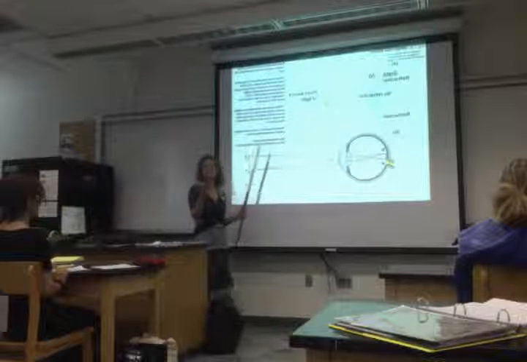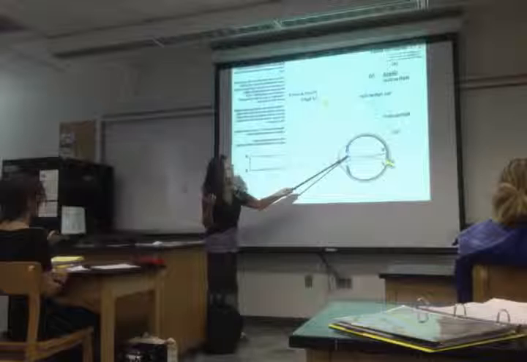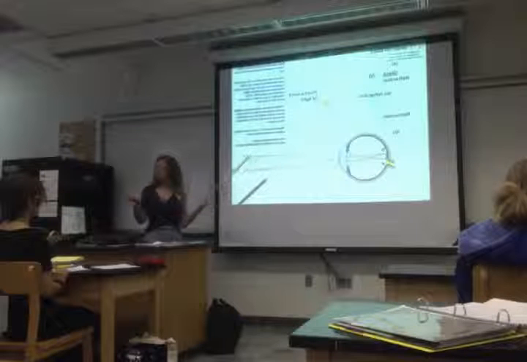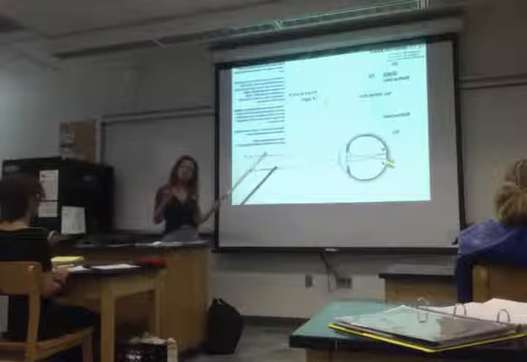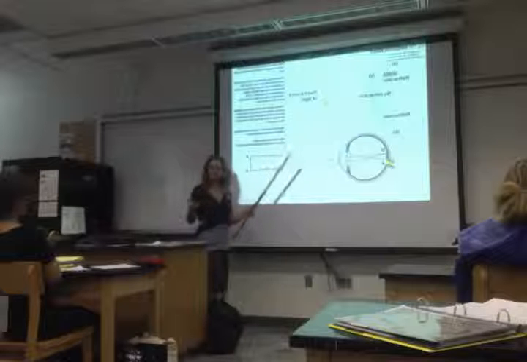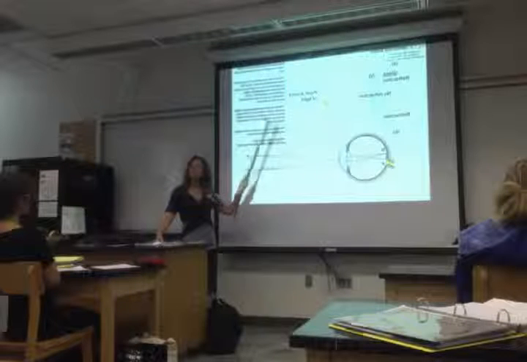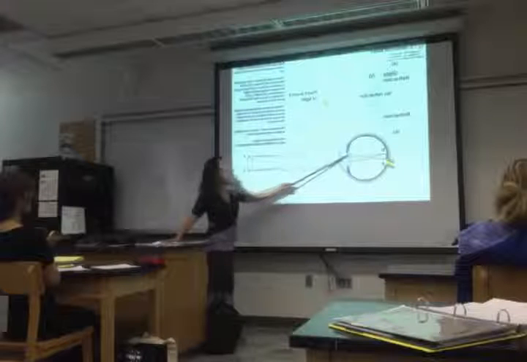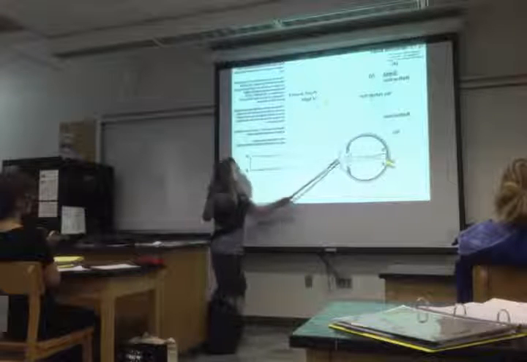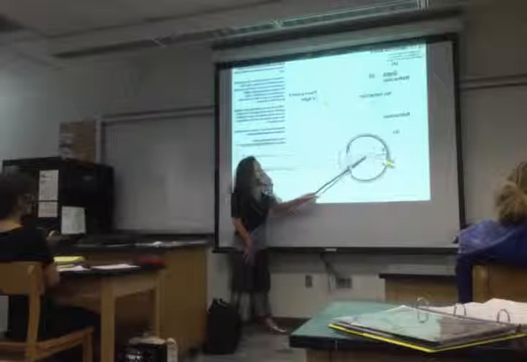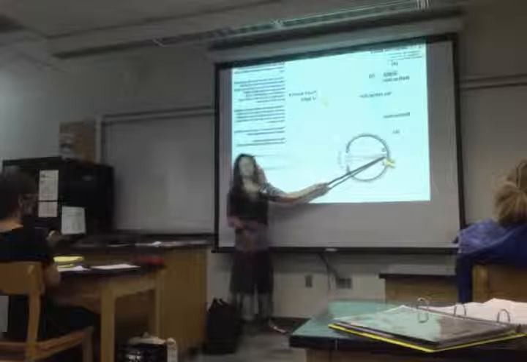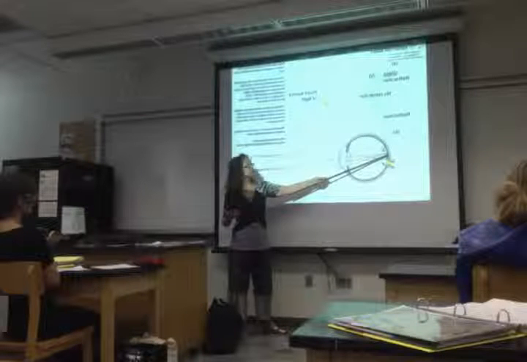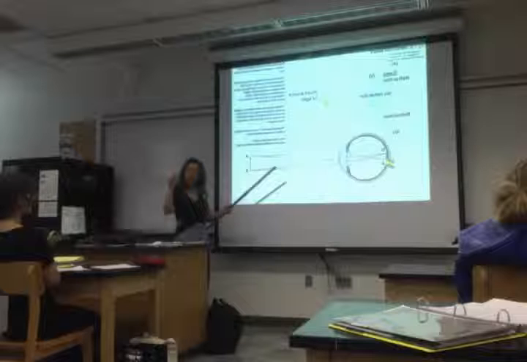So that's where you get most of your bending. But there is some additional bending at the lens, depending on the shape of the lens, which we started talking about in that previous slide. So we'll bend some more in the lens, depending on the shape, and then we will hopefully focus the rays right on the retina.